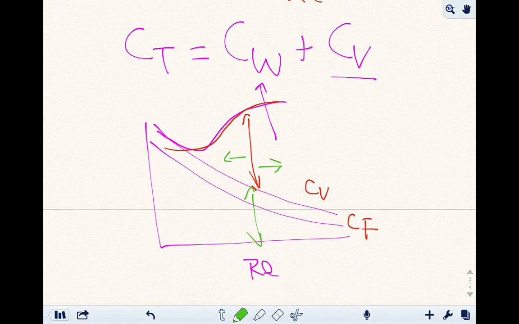When you go to the left, the total resistance curve collapses, theoretically, into the CV curve because CW is going to zero. The wave drag coefficient is going to zero quickly as you get to slow speeds. So CT will collapse into CV because this is gone. And therefore the idea is that if you get to a very low speed and you see you're here, you assume that CW is zero.